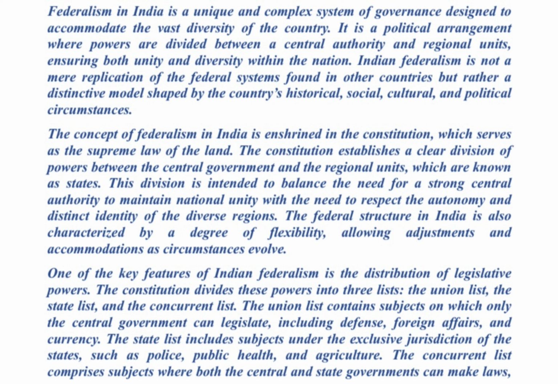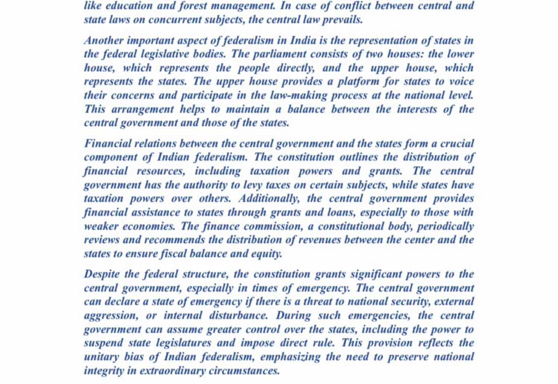The State list includes subjects under the exclusive jurisdiction of the states, such as police, public health, and agriculture. The concurrent list comprises subjects where both the central and state governments can make laws, like education and forest management. In case of conflict between central and state laws on concurrent subjects, the central law prevails.